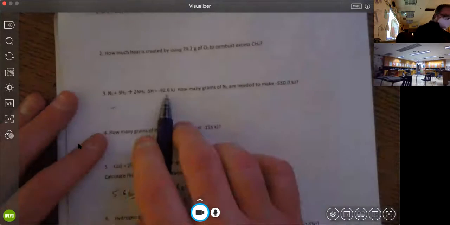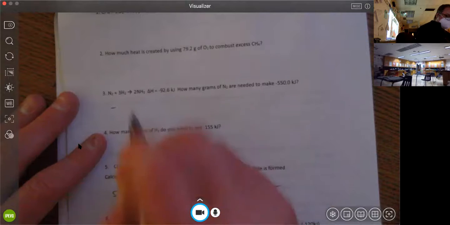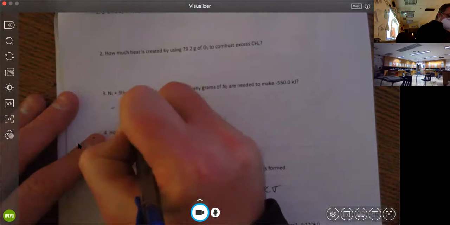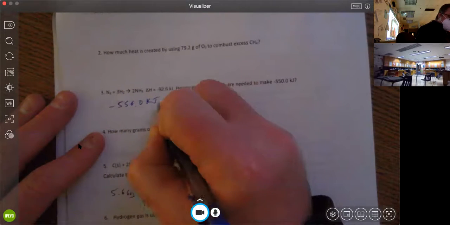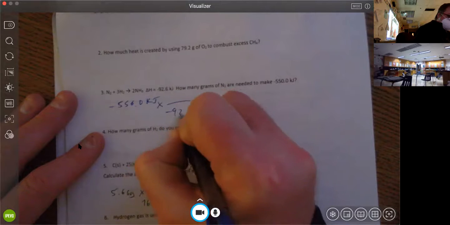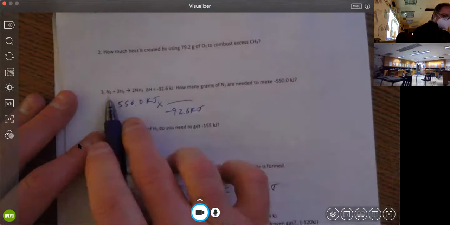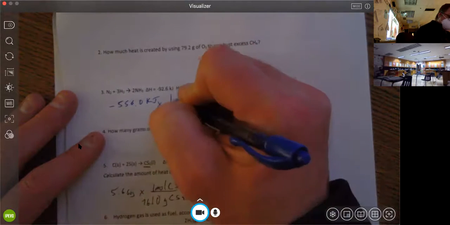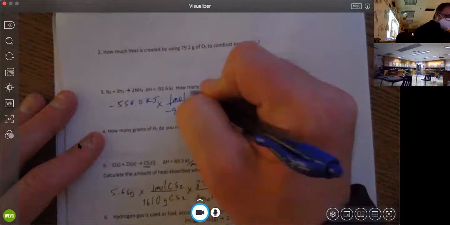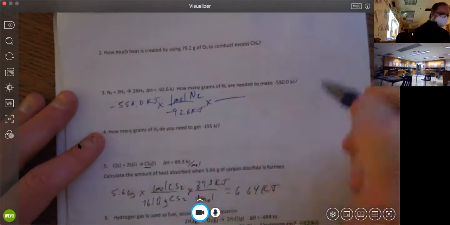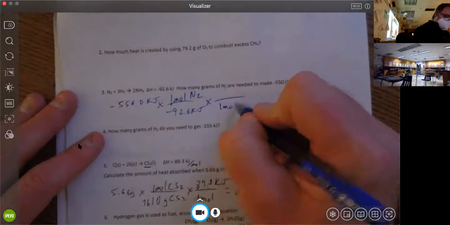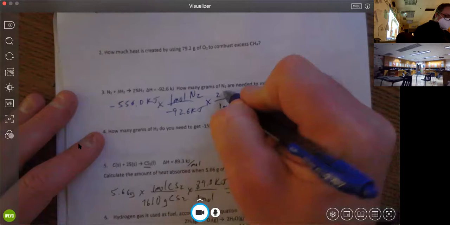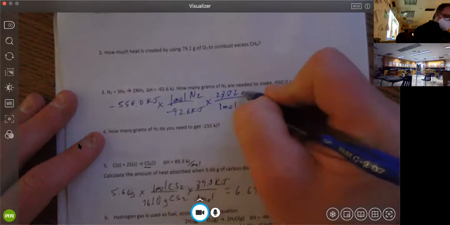So this is the delta H of the reaction. We want 550 kilojoules. Every 92.6 kilojoules released requires 1 mole of N2, and every 1 mole of N2 is 28.02 grams of N2.